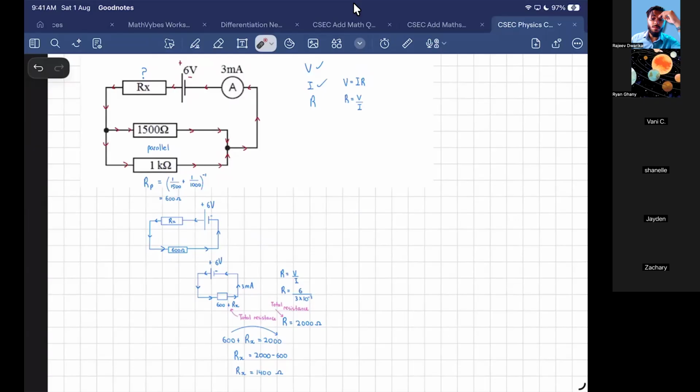Alia, if you're confused, tell me now. That's very good. You don't have to be scared. If you have any question whatsoever, just ask me. I'll try to explain it back so you understand.